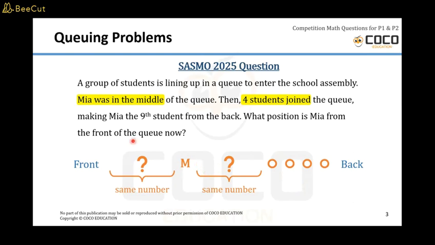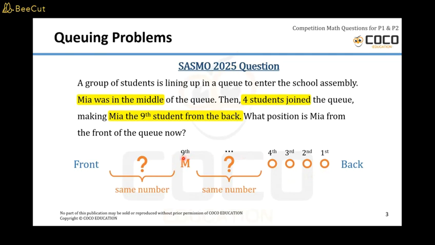But look at the next one. It says that after the joining queue, Mia now becomes the 9th student from the back. So start from the back, you count onwards. She is the 9th. But let's look at it, okay? First, second, third, fourth, then until Mia is at the 9th.